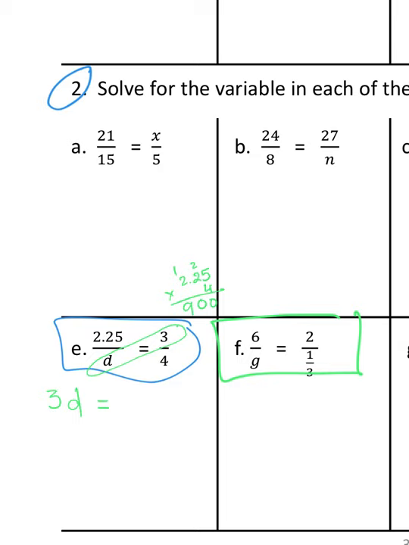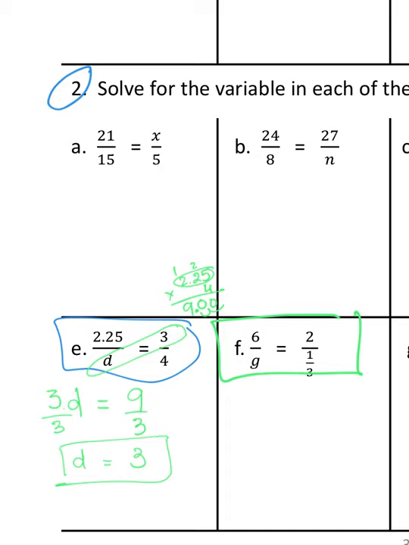There are 2 decimals in the first one, so I move 2 decimals, so 2.25 times 4 is 9. And 3 times D equivalent to 9. I divide by 3 on both sides, so my D is 3.